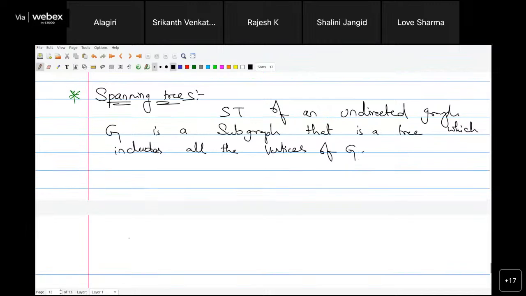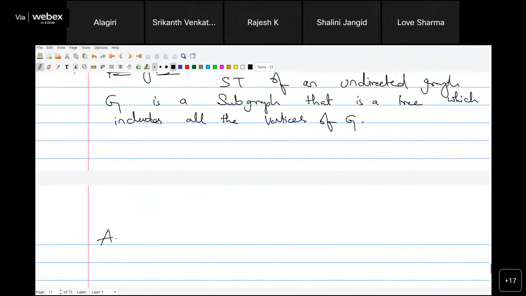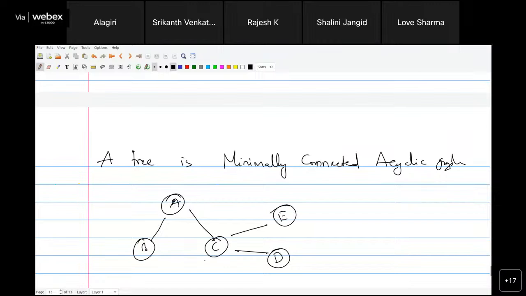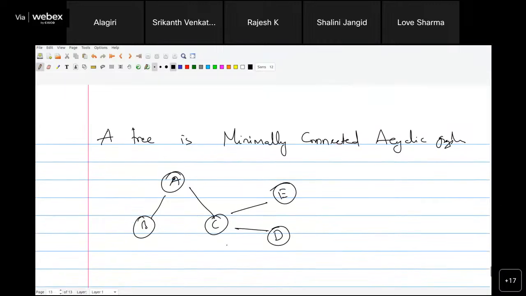A tree is just a minimally connected acyclic graph. What this means is, this is a tree because you see this is minimally connected.